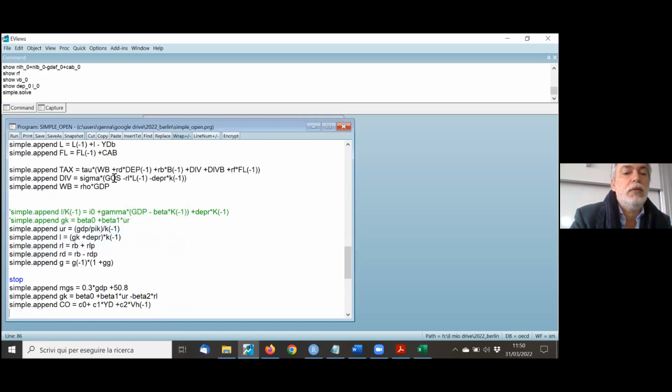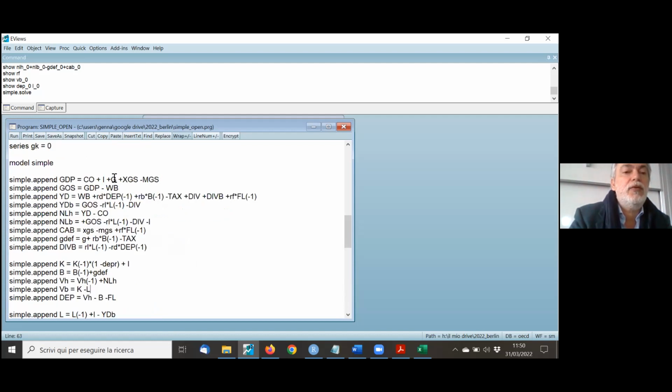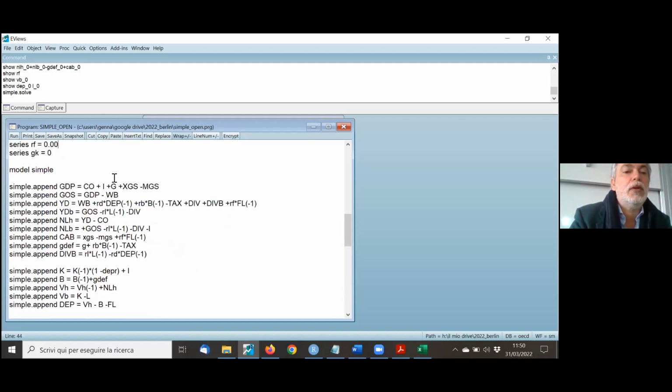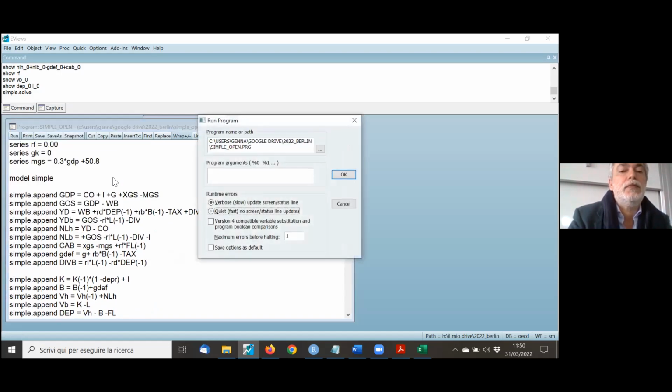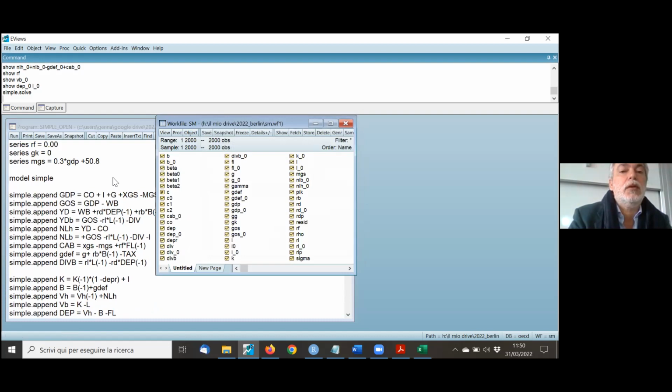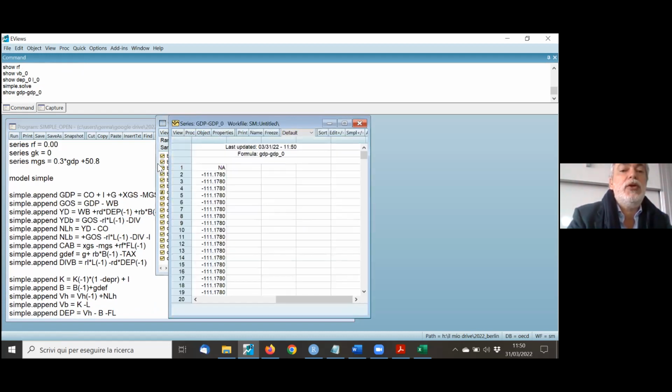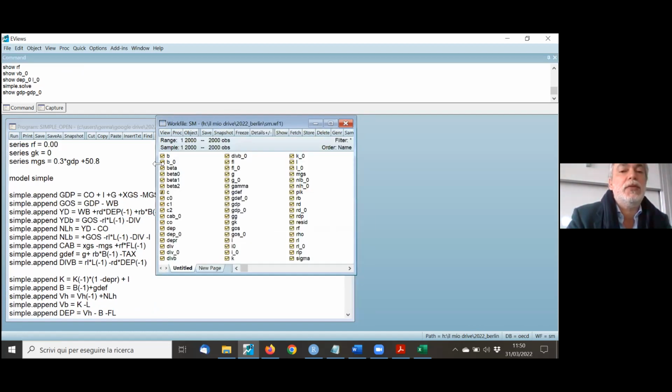And MGS is also possibly not defined. Okay, so now I should have that all the simulations are identical to the data, but they are not.